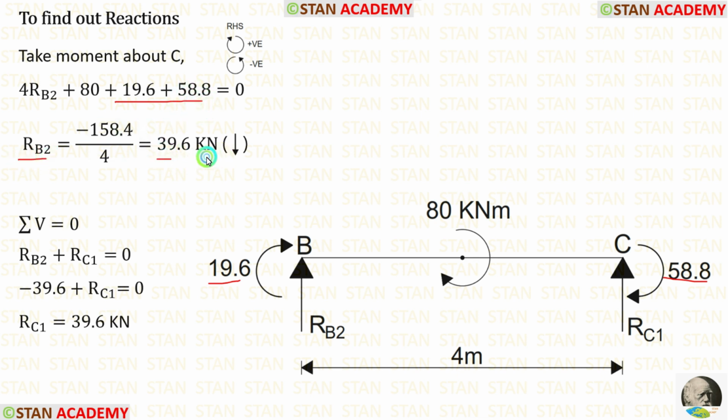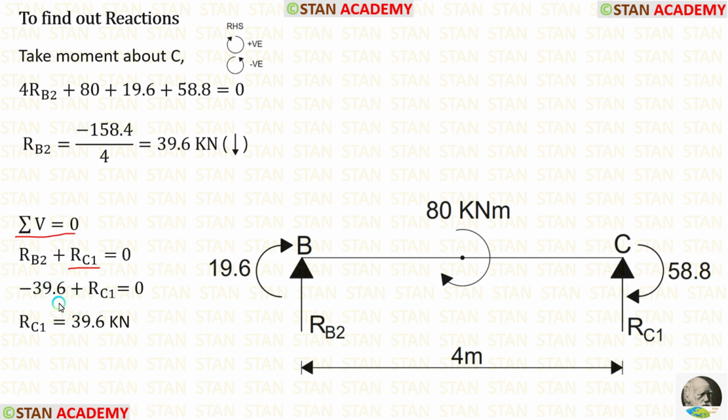Finally, we are getting RB2. For RB2, we will get a negative value. That means our assumption is wrong. We assumed that RB2 is acting upwards, but actually it is acting downwards. Now let us apply the rule sigma V is equal to 0 and find out RC1.